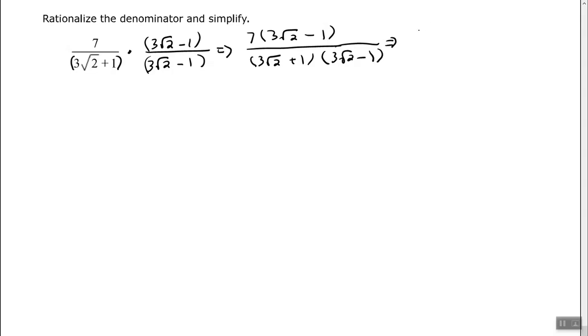So 7 times 3 is 21 times the square root of 2. 7 times 1 is 7. So minus 7 here.